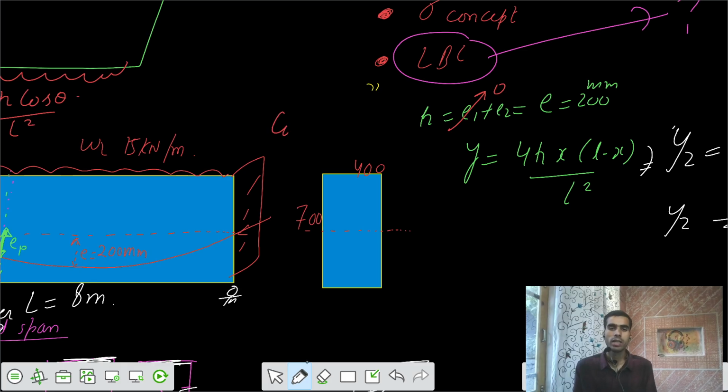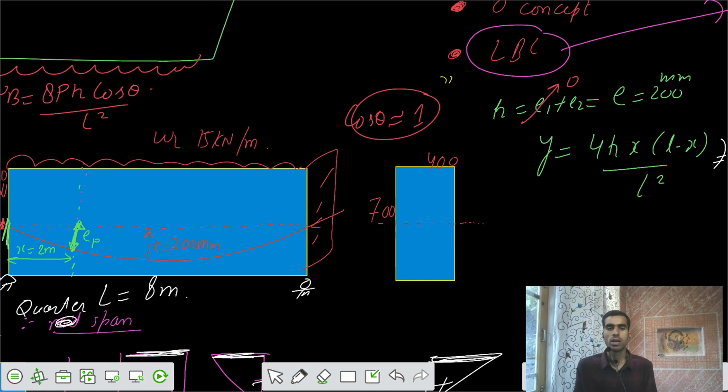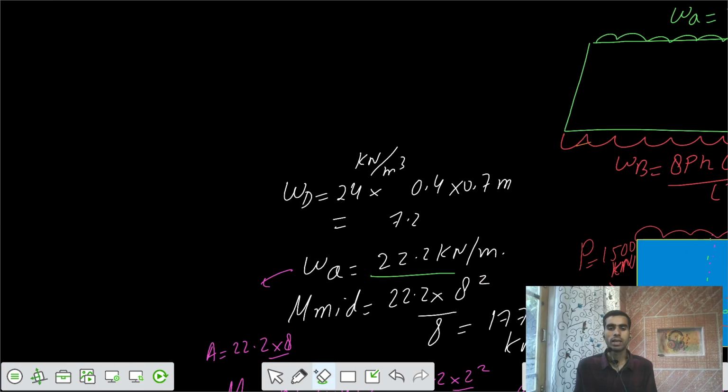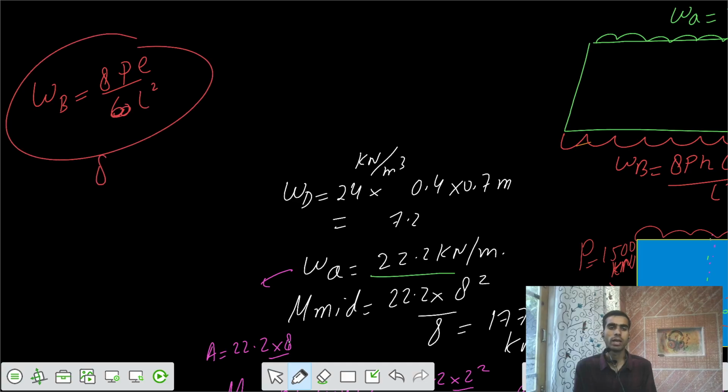And cos theta is almost equal to 1, so we can ignore the cos theta. Then we generally write that W balancing is equal to 8p E by L square, or we can write 8p H by L square. So let's solve that value of WB.